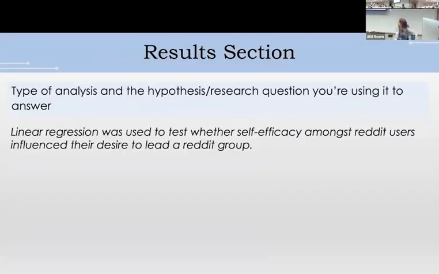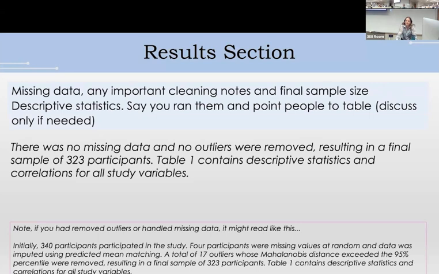So, type of analysis and why you did it. Linear regression was used to test whether self-efficacy amongst Reddit users influenced their desire to lead a Reddit group. How can I make this better? Maybe get rid of influence and use less causal language. So something like: linear regression was used to test whether self-efficacy amongst Reddit users related to their desire to lead a Reddit group, okay?